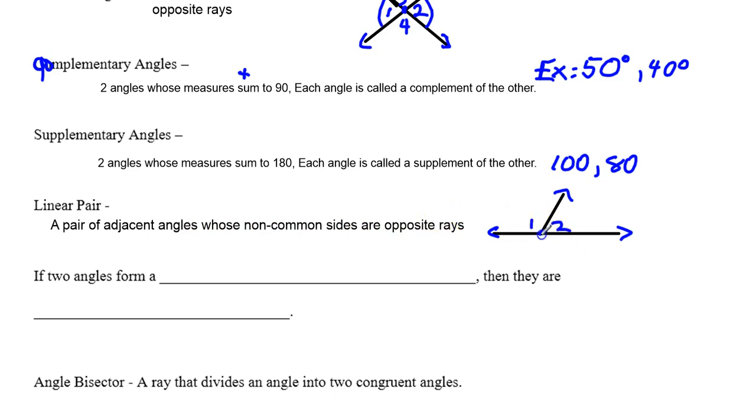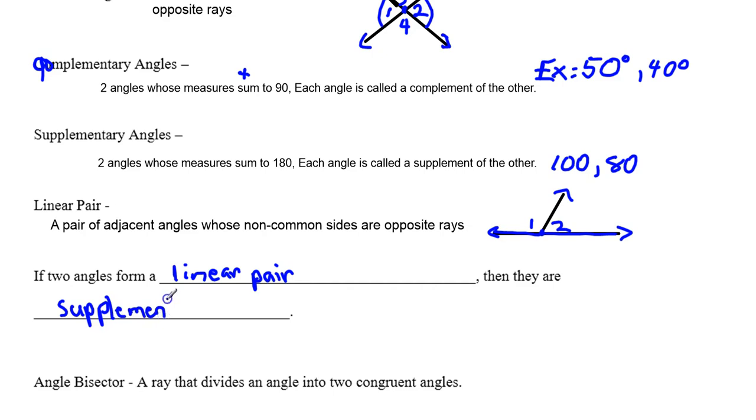What does that mean? Well, there are the two adjacent angles and the non-common sides. So this side here and this side, those are opposite rays. In other words, they're on a line. So there's a relationship with those, which some of you might see. If two angles form a linear pair, then they are supplementary.